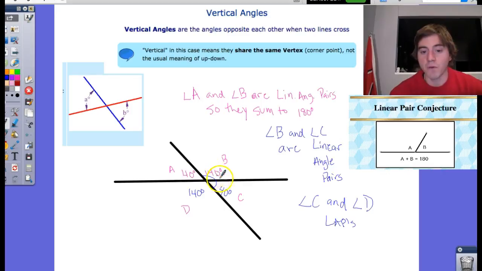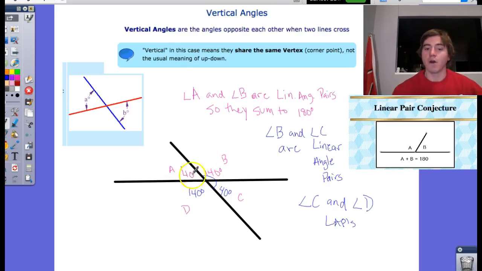And then 140 and 40, and then 40 and 140, and then 140 and 40. So of course, this is 180, 180, 180, 180. This all adds up to 360, which is the full circle. The important thing is that vertical angles are congruent.